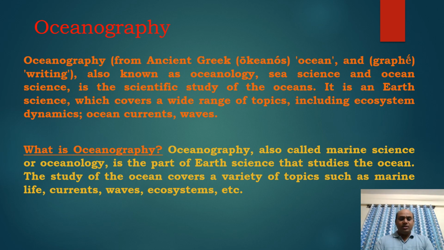So basically, what is oceanography? Oceanography is also called marine science, or sea science, or oceanology, and it is the part of earth science that studies the oceans. The study of the oceans covers a variety of topics such as marine ecosystems, currents, waves, pressure and temperature.